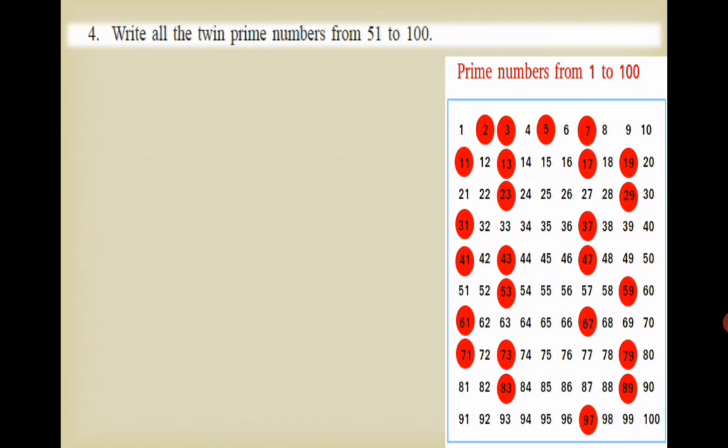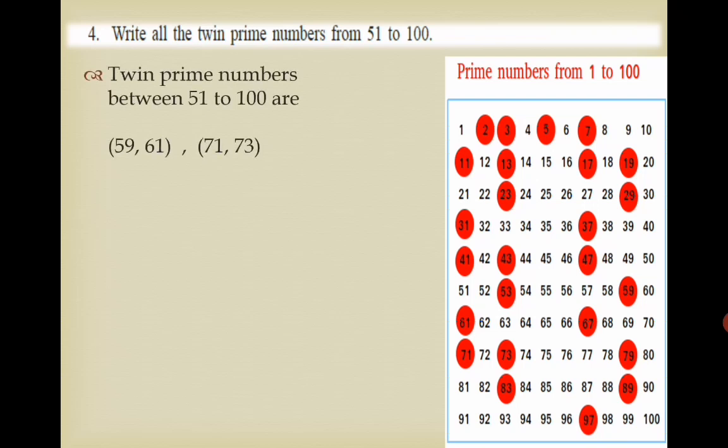Yes, here the difference is just 2. So this is one pair, 59 and 61. Let's find another pair. If you can see 67, there is nothing. 71 and 73. Again the difference is just 2. So 71 and 73 is the other pair. And after that there is no other pair with twin prime numbers.